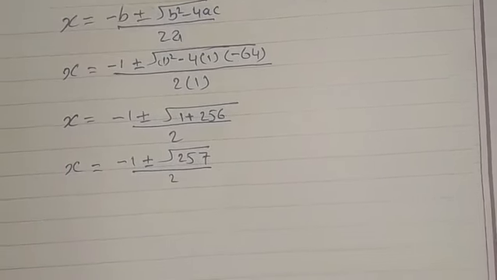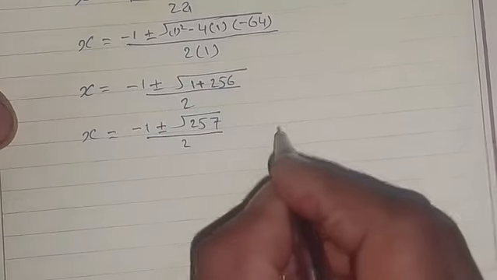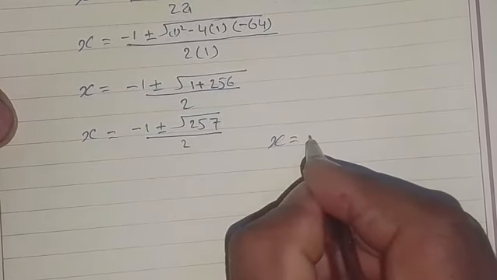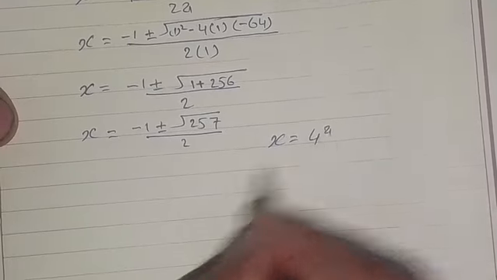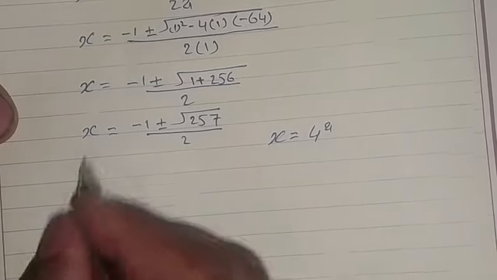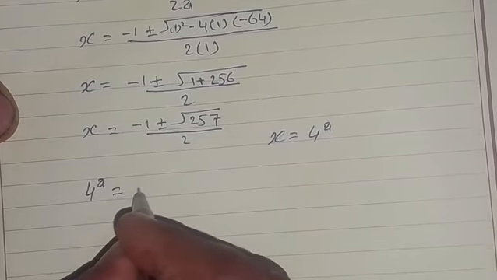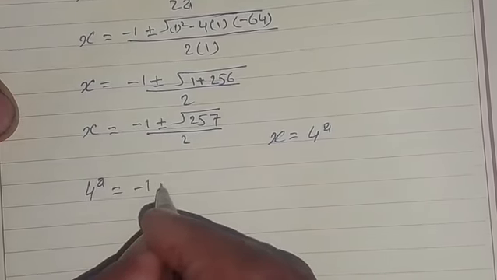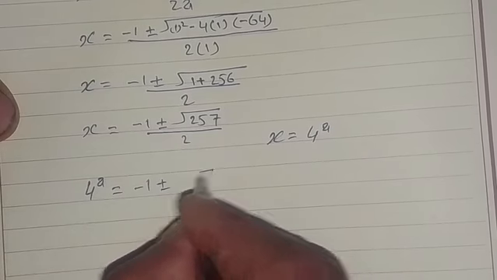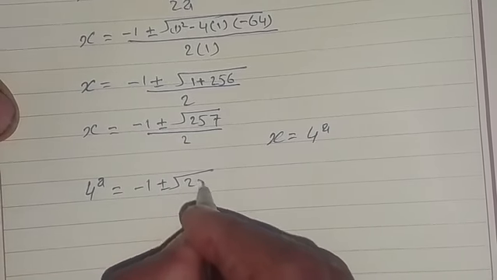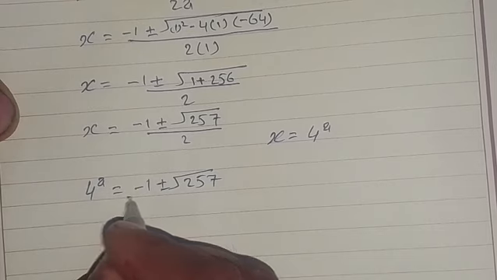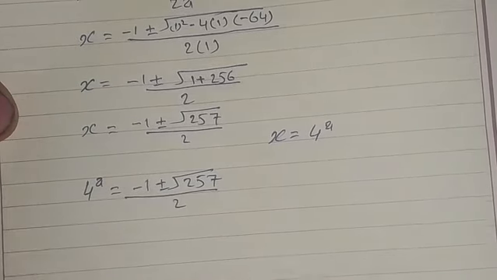Now we put the value of x again here, so we know that x = 4^a. Now put here 4^a = (-1 ± √257) / 2.